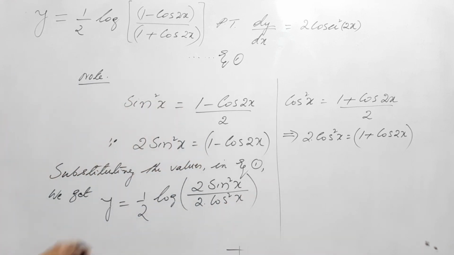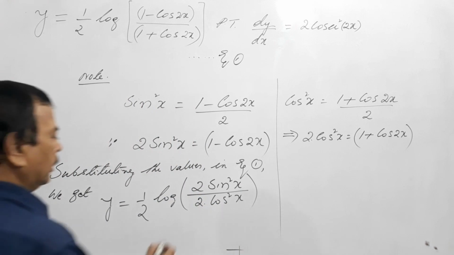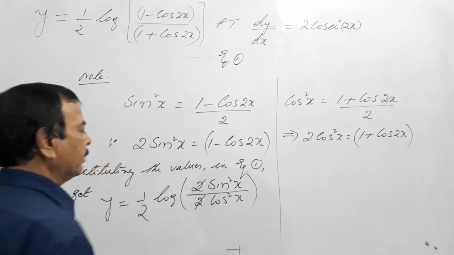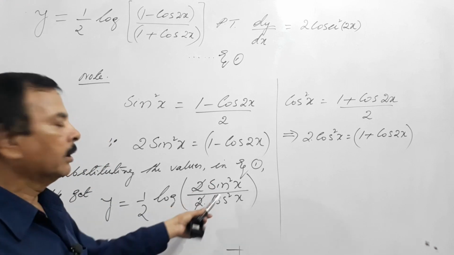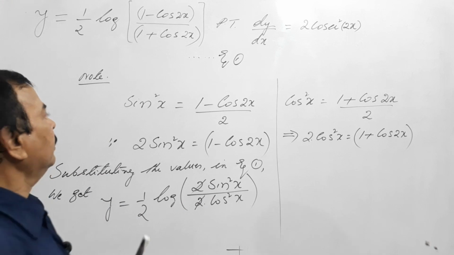Here the 2 cancels, we are left with sin square x and cos square x. So sin square x by cos square x is tan square x.